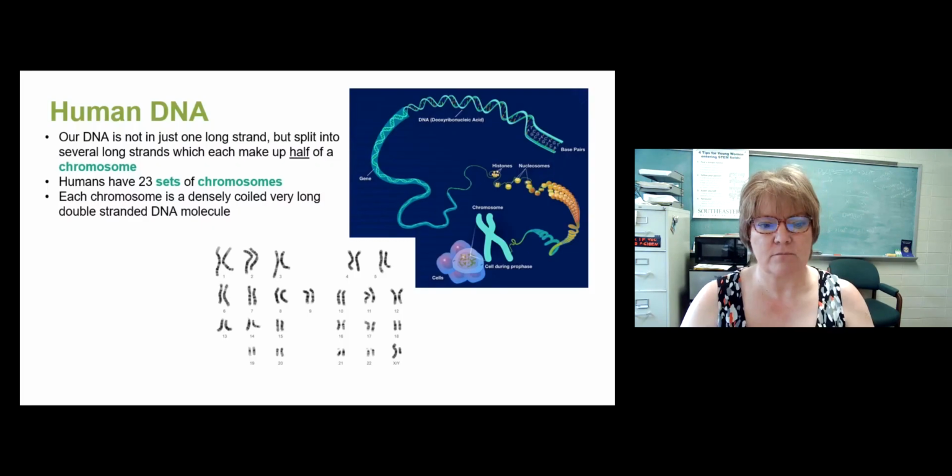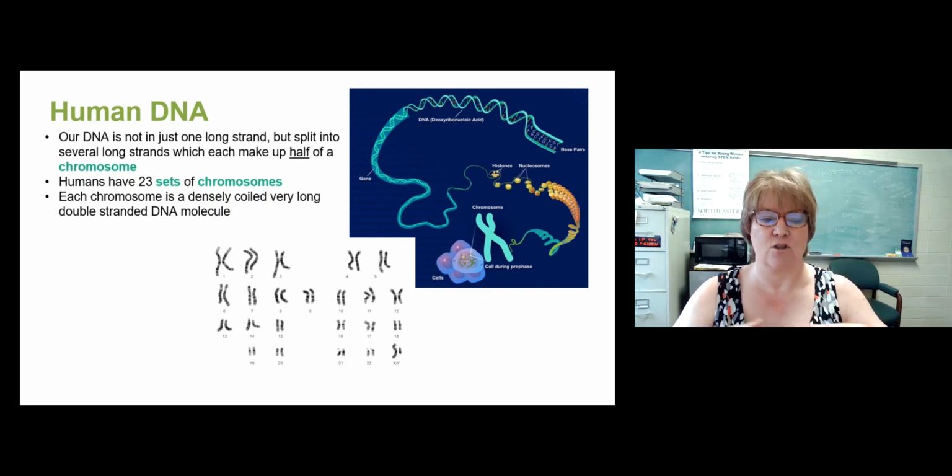So human DNA, there's so much of it that we have to break it up into 23 different books, or chromosomes. So we have a set of 23 chromosomes. Each chromosome actually is a pair of 2 chromosomes.